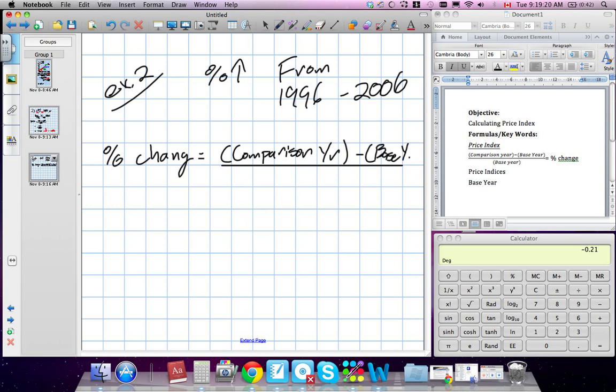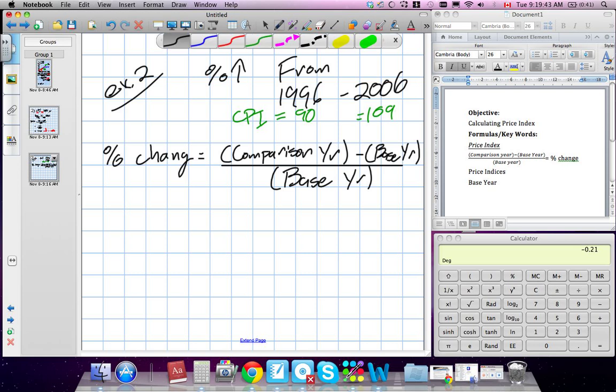Okay? So, our CPIs in the 2 years. In 96, we knew our CPI was 90. And in 2006, it's 109, the CPI. So when we go to find out the percentage change, how much prices have changed percentage-wise, our comparison year, which is 109, subtracted by our base year, which is 90, divided by our base year, which is 90.